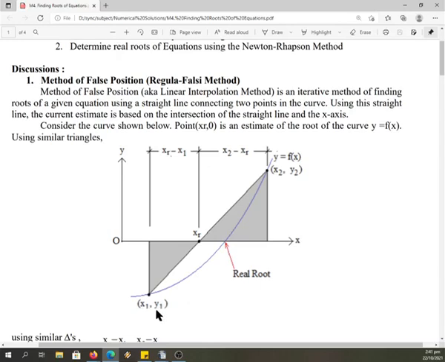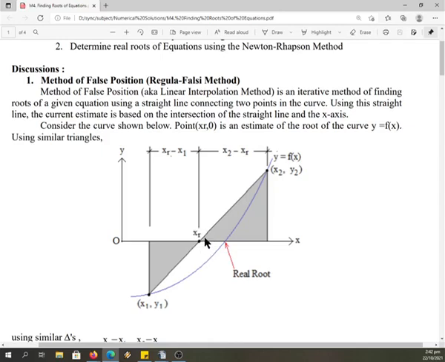We simply draw a straight line passing through these two points. XR lies at the intersection of this line and the x-axis. This point of intersection has coordinates XR, 0, 0 being the y coordinate. This is an approximation of the root.